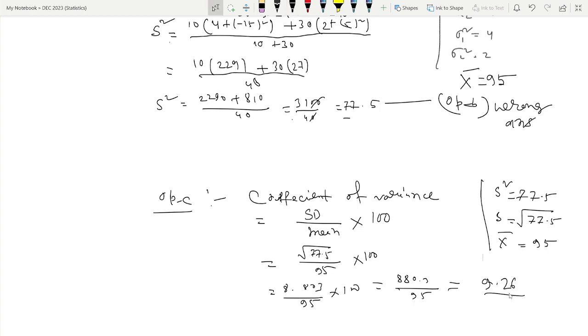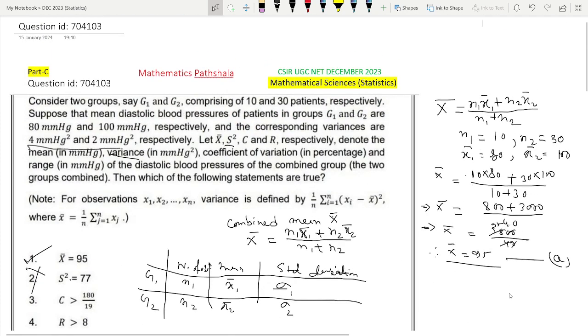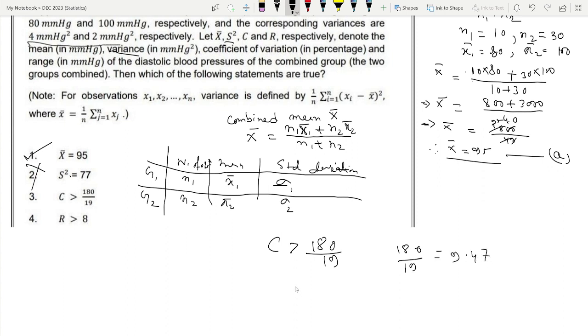Now we go for the option. Here we check whether C is greater than 180 divided by 19 or not. 180 by 19 means 9.47, and we get the value of C as 9.26.